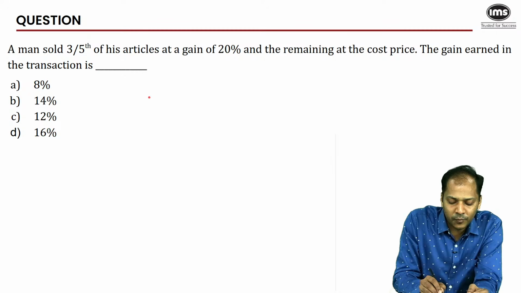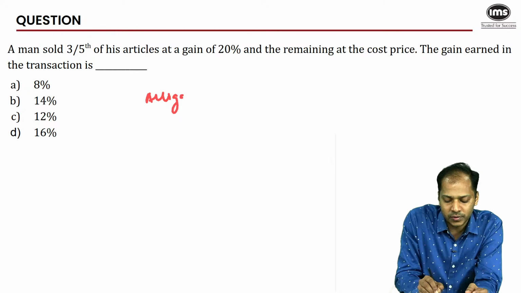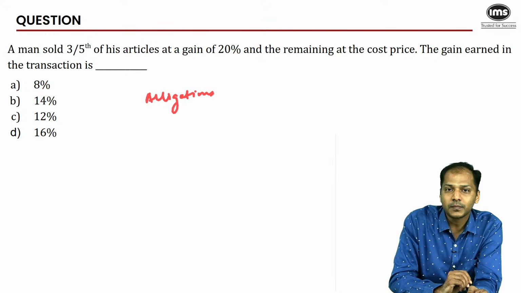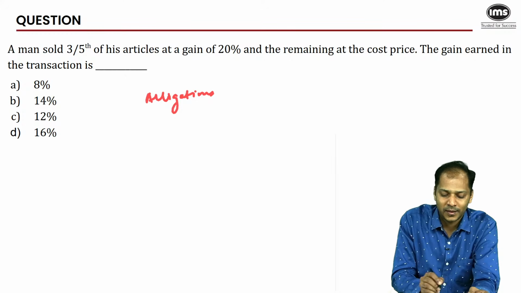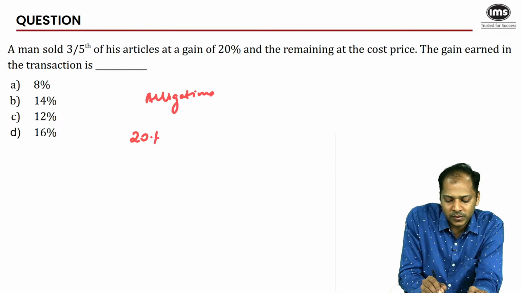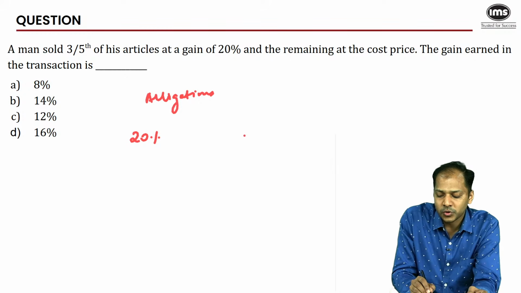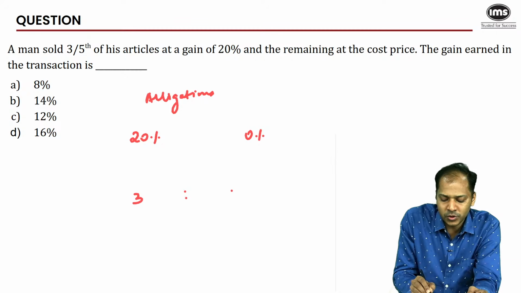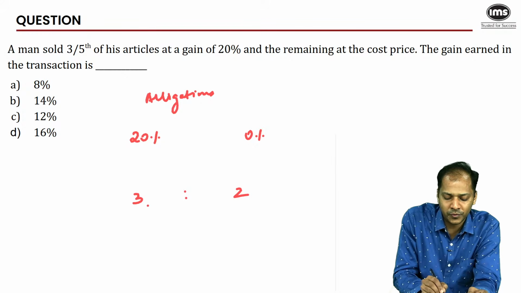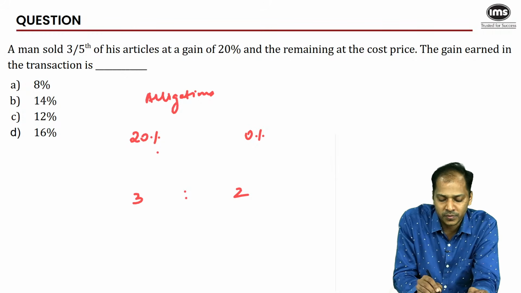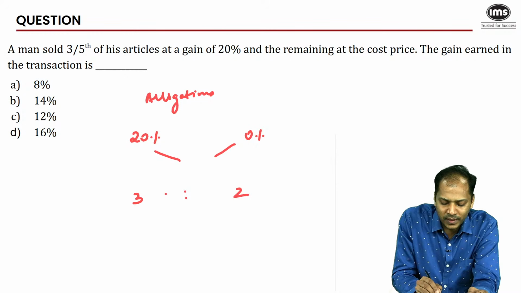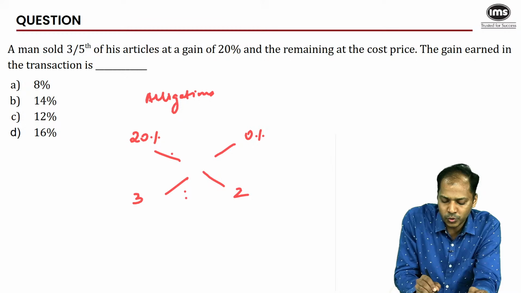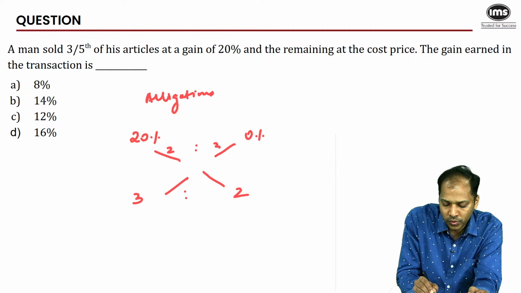The best method that I would want to use over here is allegations. Remember, some goods are sold at 20%, the other goods are sold at 0%, and their ratio is 3:2, because 3/5 of the goods, and these are 2/5 of the goods. Okay, so this is one thing which you could keep in mind. If this is 3:2, this ratio should be 2:3.